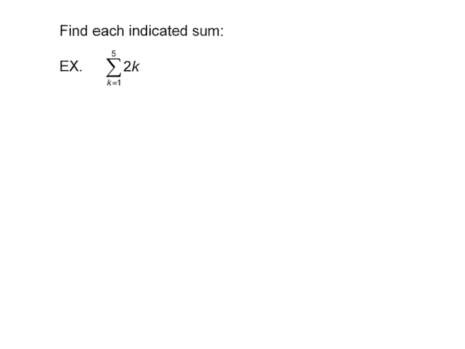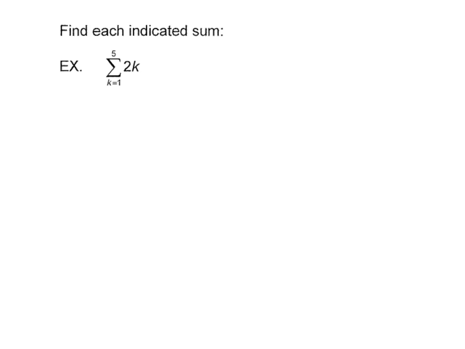So if I want to find the sum, my formula is 2k, and k is supposed to start at 1 and stop at 5, and you'll go through every number in between. So k will be 1, then 2, then 3, then 4, then 5, and you add each time.